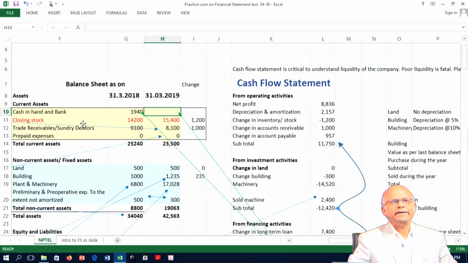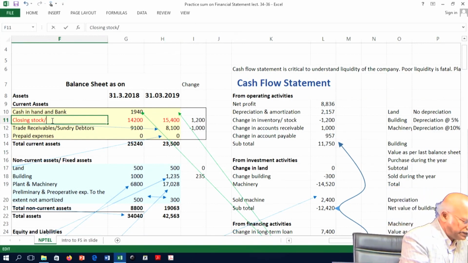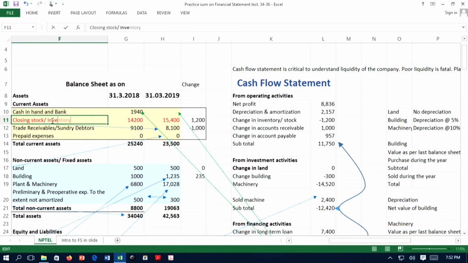Now, as I said, closing stock, which is nothing but inventory, closing stock of raw material, finished goods, goods in process, everything together constitutes inventory. So, inventory was 14,200 last year, this year it is 15,400. That means, this minus this, there is an increase of 1,200.